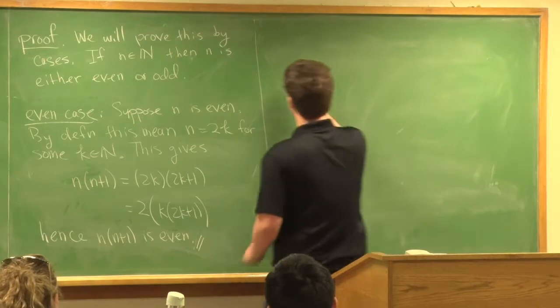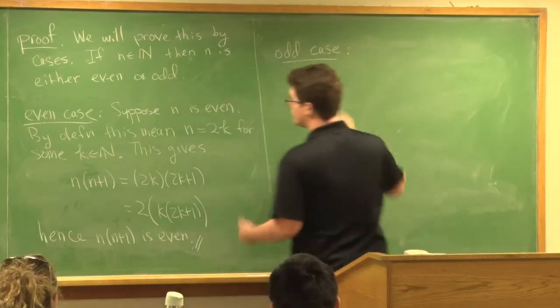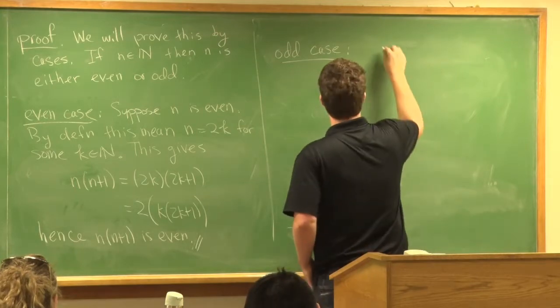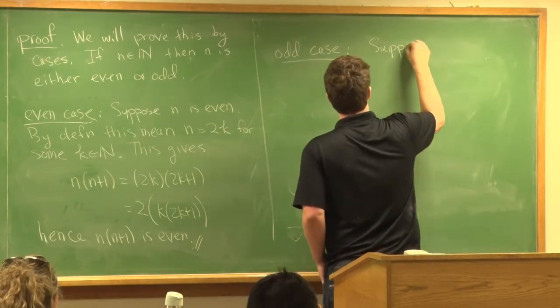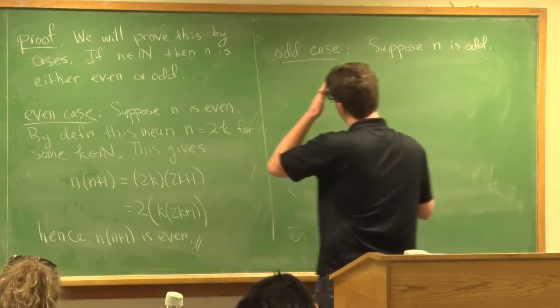Okay, so the odd case. In the odd case, we suppose n is odd. So we're just going to start a direct proof here.